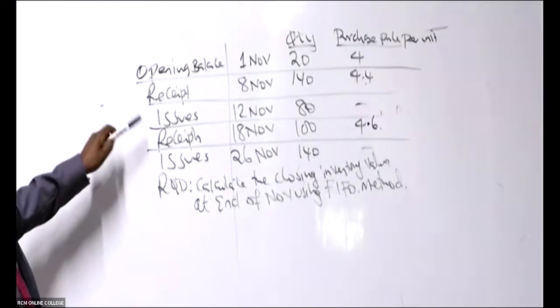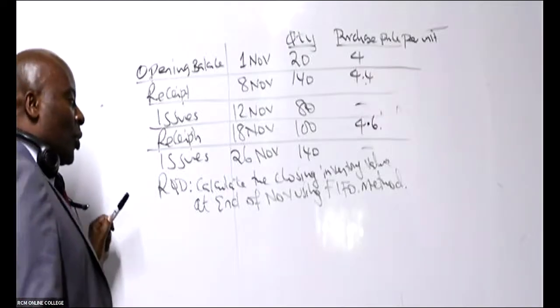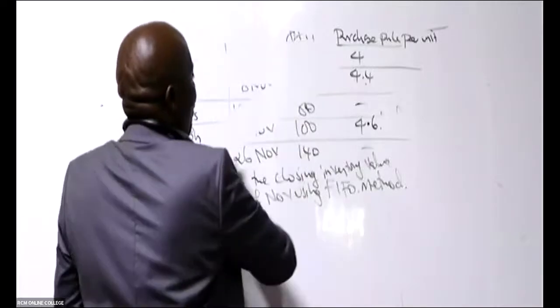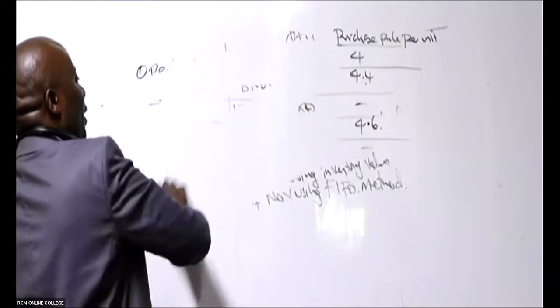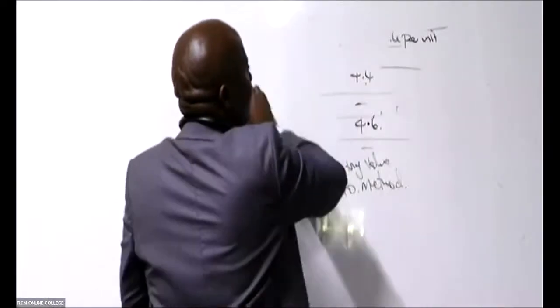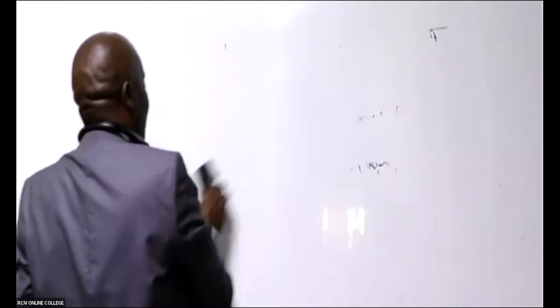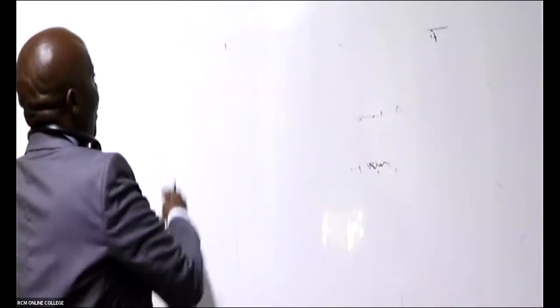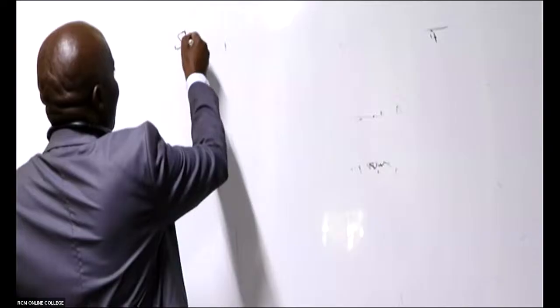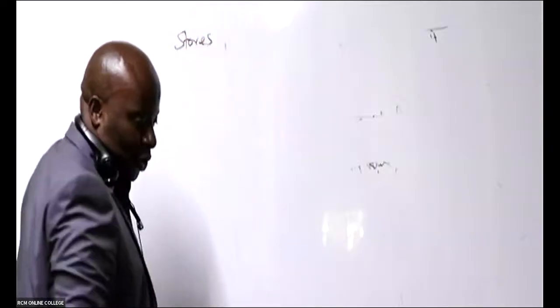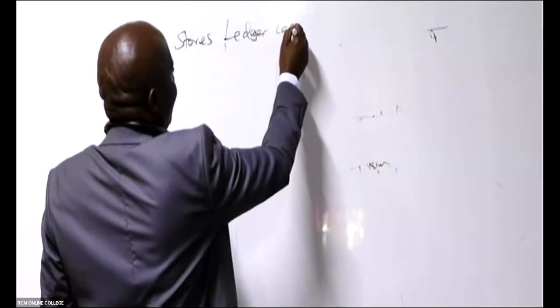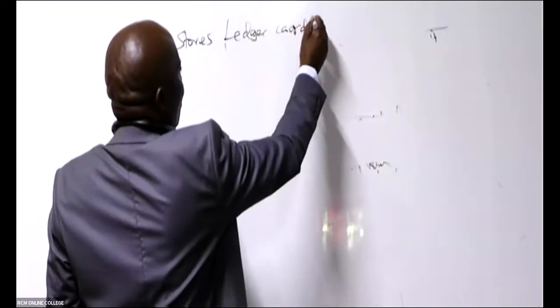It will be given to you in an exam, and if that is the case, then we write this solution: stores ledger card. We are using a method called what here?